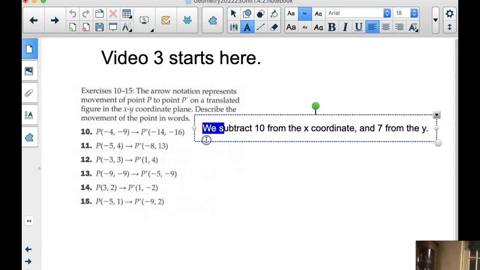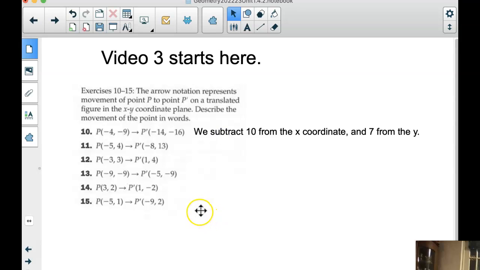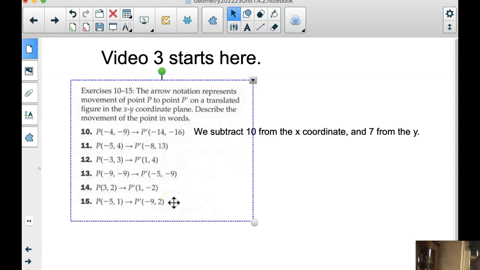Now, okay, let's do number, you know what? Let's do number 15. How did we get from -5, 1 to -9, 2? From -5 to -1, I speak well. -5 to -9, what did we do?